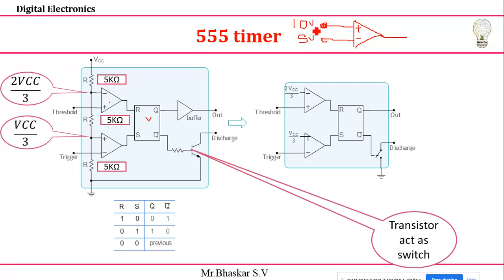If 10 volts is greater than 5 volts, the op-amp acts as a comparator and we get the output as 1. When the non-inverting potential is greater than the inverting, the output is 1. Suppose the inverting is greater than the non-inverting. For example, I'll take 15 volts instead of 5 volts. 15 volts is greater than 10 volts, so the output is 0.